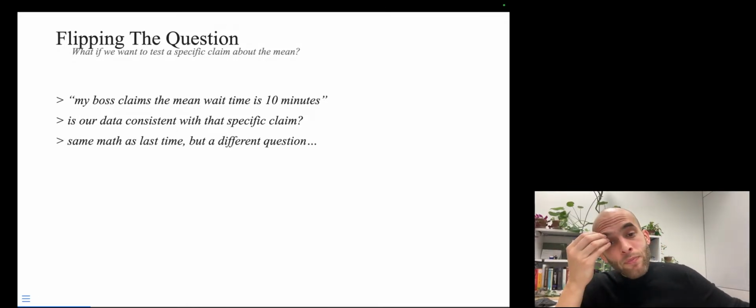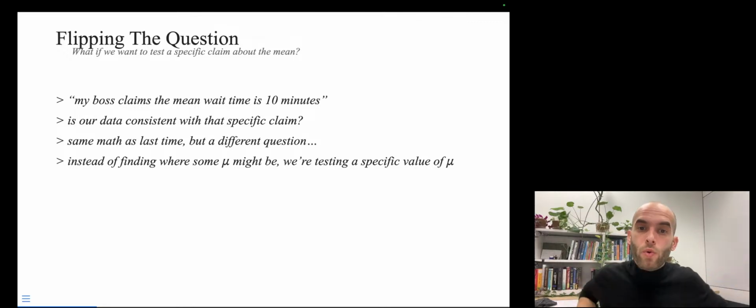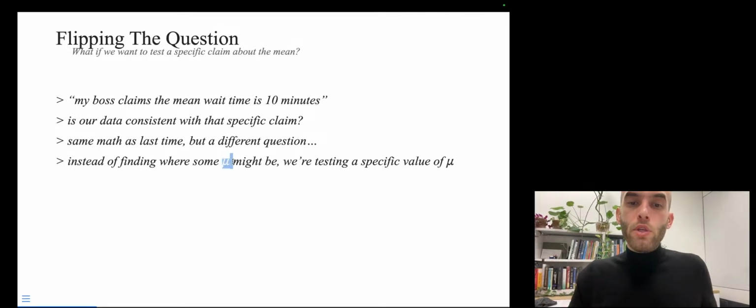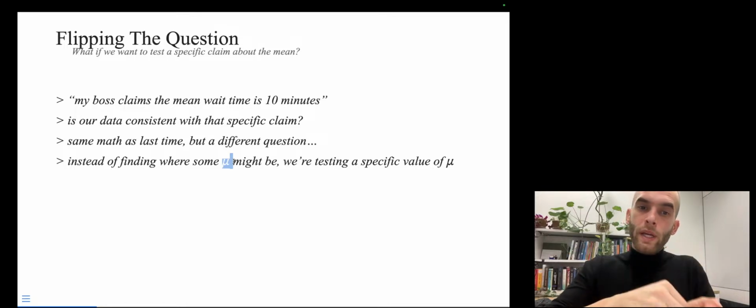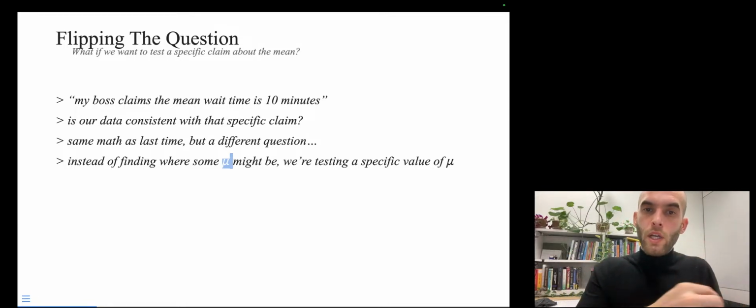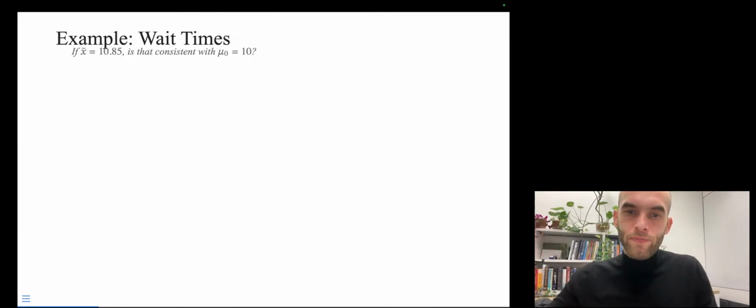And what we're going to do is actually construct a distribution around this claim. So instead of looking at where mu might be, we're assuming that the claim is true, and then checking how likely it is that we would see something like our sample.